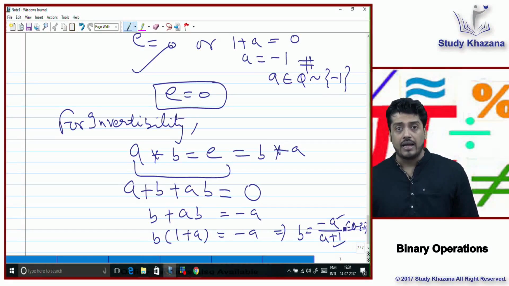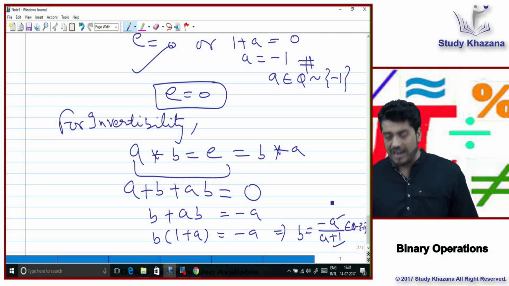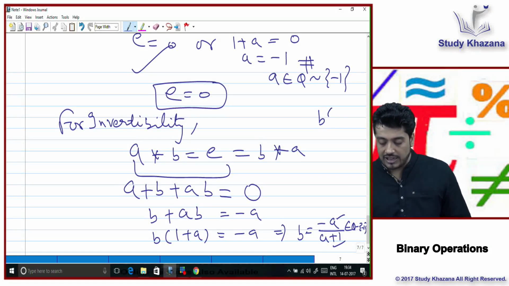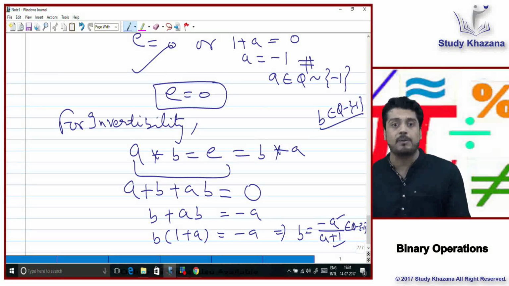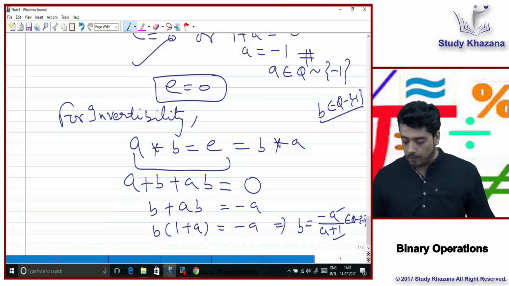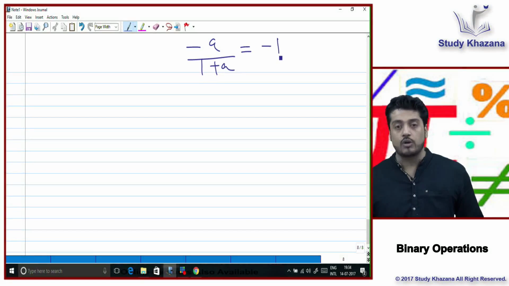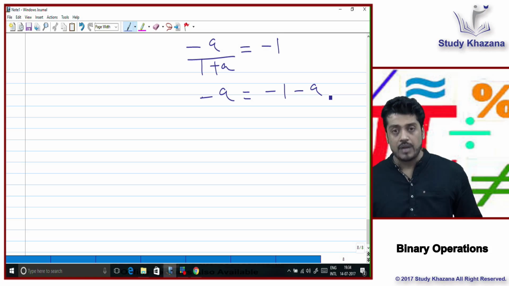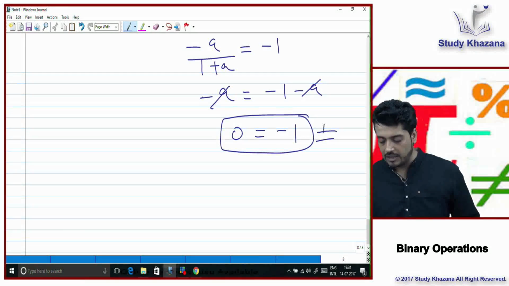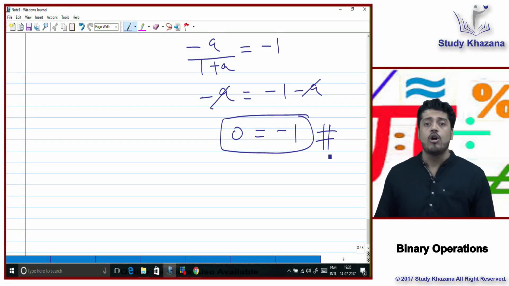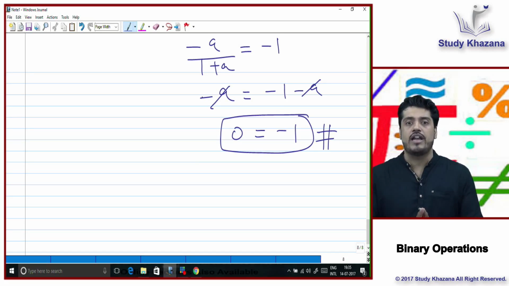I have to make sure that this value cannot be minus 1, because B should also be where, dear? B should be in Q deleted minus 1. That is, B can be any rational number except minus 1. So if B becomes minus 1, what is the problem? There is a problem. If minus A upon 1 plus A equals minus 1, there must be some problem. What is the problem? Minus A should be equal to minus 1 minus A. Now I can cancel minus A on both sides. So this implies 0 equal to minus 1, which is a mathematical contradiction, because 0 cannot be equal to minus 1. So therefore I have proved the fact that B can take any rational value except minus 1.